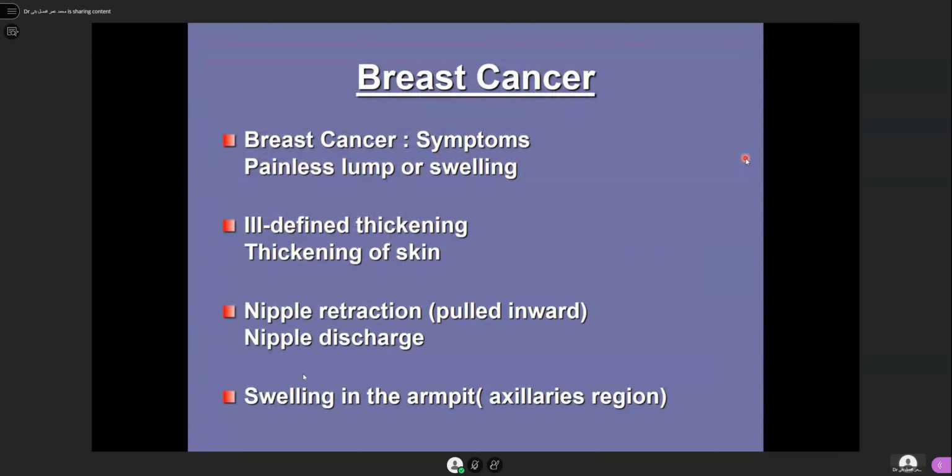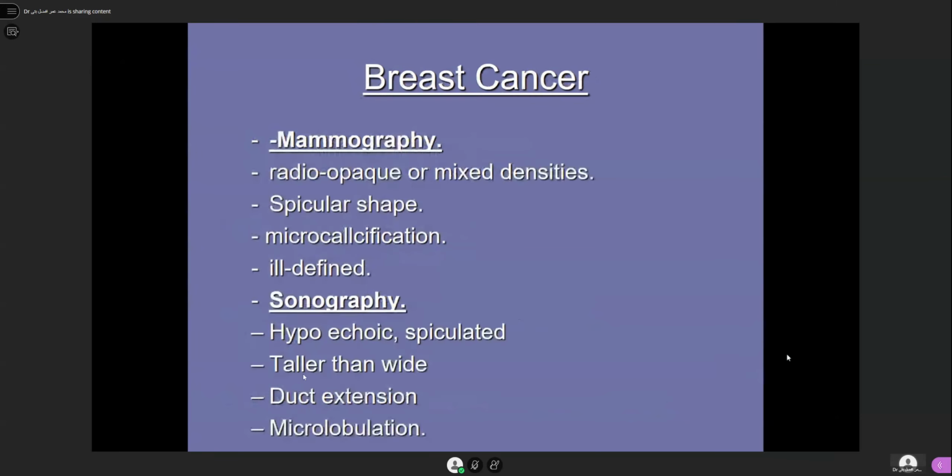I will just summarize the different radiological and clinical features of breast cancer. The patient will come with a painless lump or swelling and ill-defined thickening of the skin. There may be nipple retraction or discharge from the nipple, or swelling in the armpit due to lymph node enlargement.